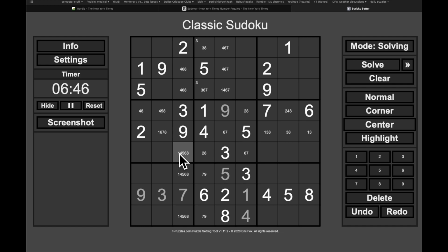This one can be any of the candidates. This one's not 5, that one's not 8. Let's see, 1, 2, 5, 9.